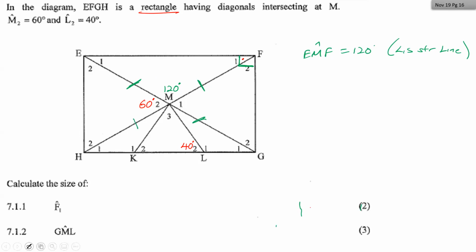Now, if you look at it, we have an isosceles triangle on the top, which I want to highlight for you.